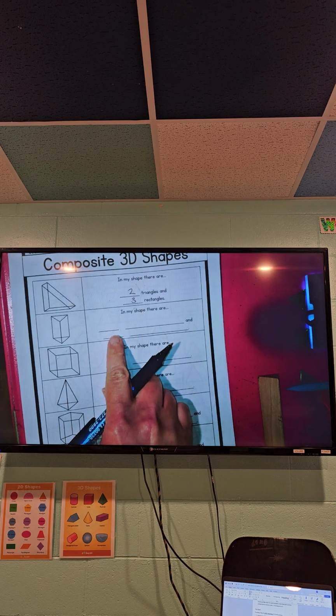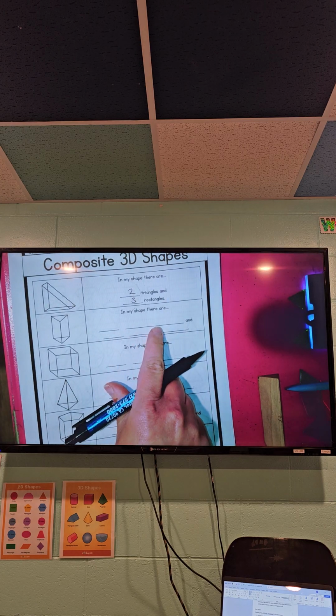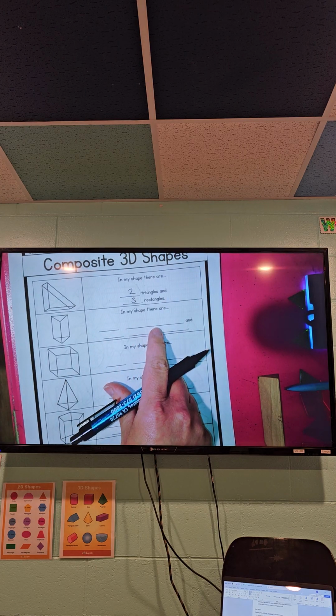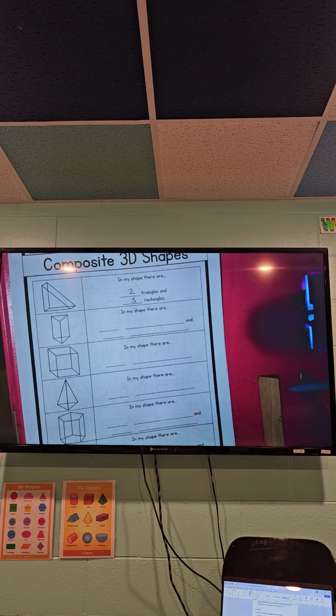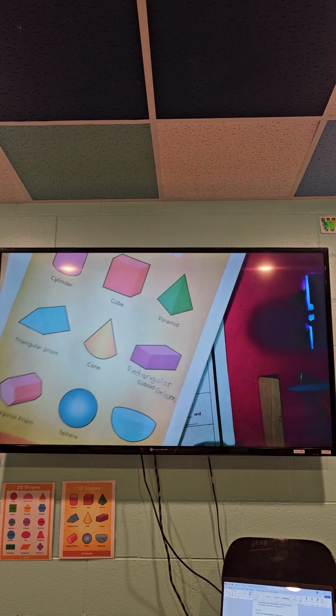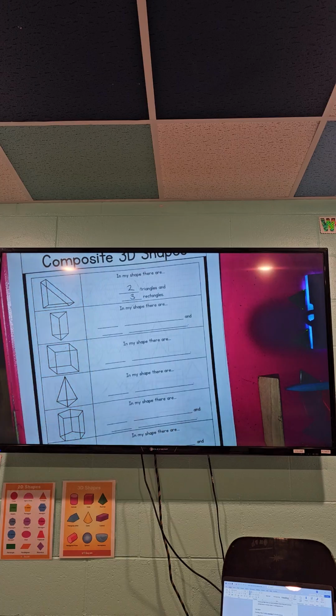So the next one, they want you to write the number and the shape, the name of the shape. So if you need to get out your 2D, 3D paper, well, it'll be your 3D paper. If you need that, go ahead and get that out.